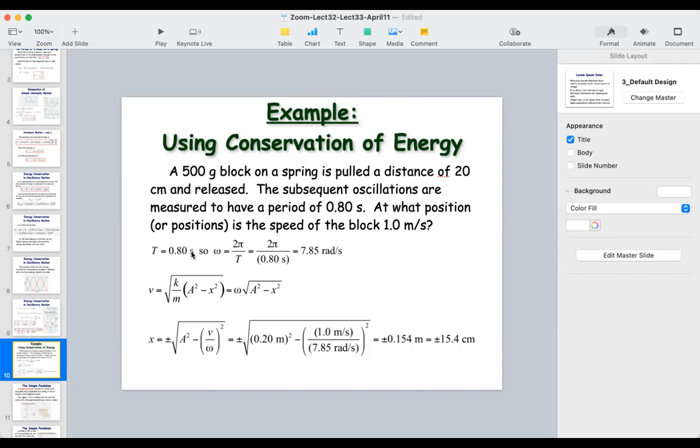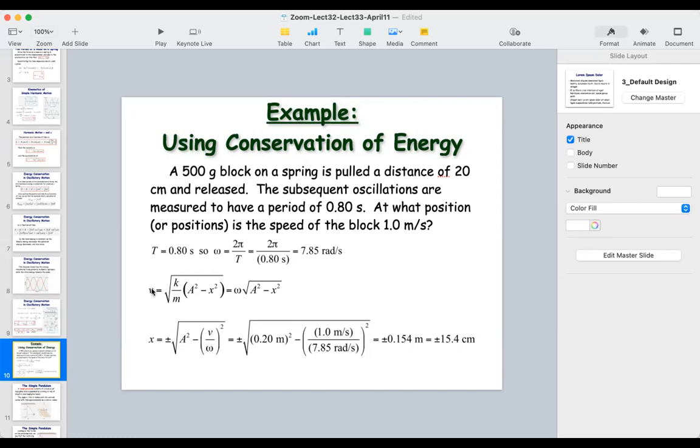So from the period, what can I do? I can definitely calculate the angular velocity. So the angular velocity is 2 pi divided by the period. So 2 pi divided by 0.80 seconds, which is 7.85 radians per second. Okay, now I have the angular velocity.